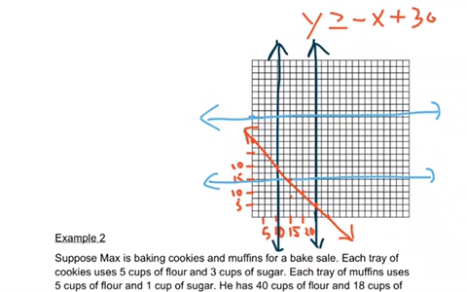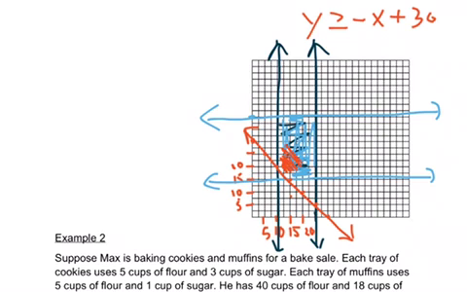Now, one thing I haven't done is I haven't shaded. But I know that for the necklaces, I had to be between 10 and 25. And for the earrings, I had to be between 15 and 40. And with the last inequality, I want to make sure that I'm making more than 30.